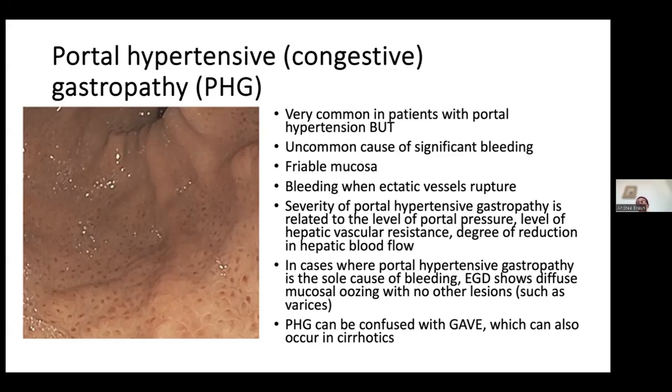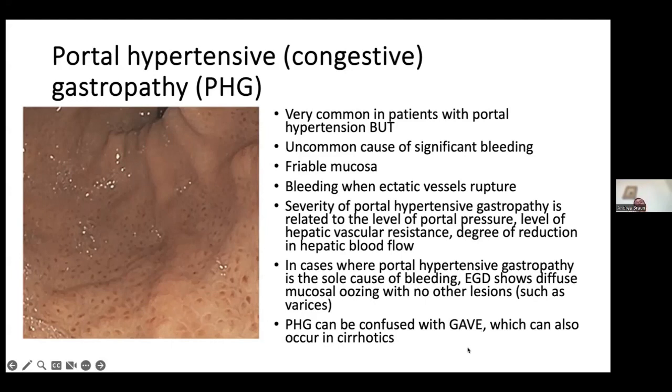It can be confused on endoscopy with GAVE, which is a form of angioectasis, like dilated blood vessels, which you can also see in ESRD patients, and has an association with aortic stenosis. Those can also occur in cirrhotics, but are much less common.